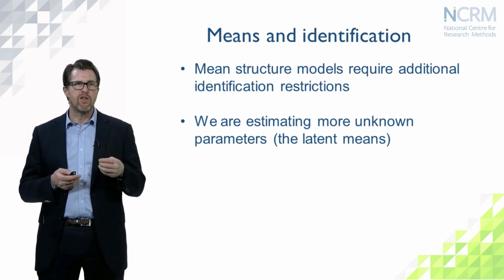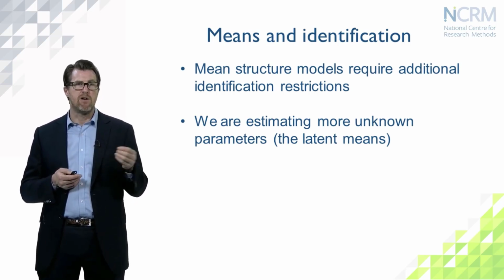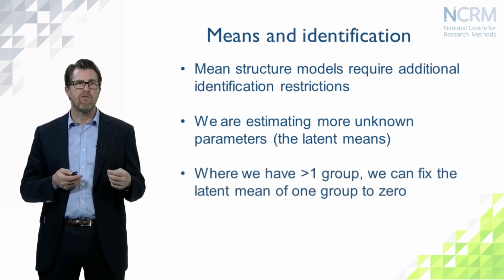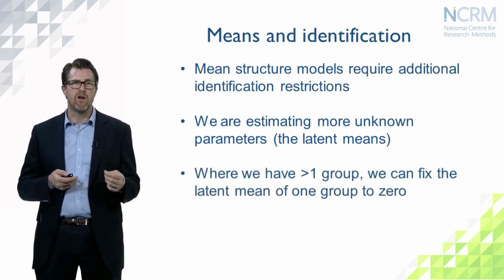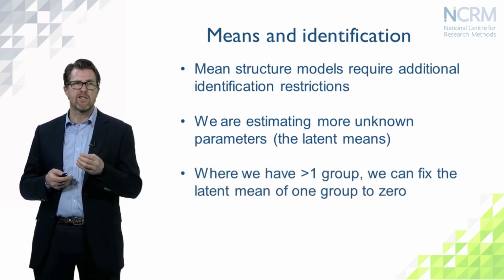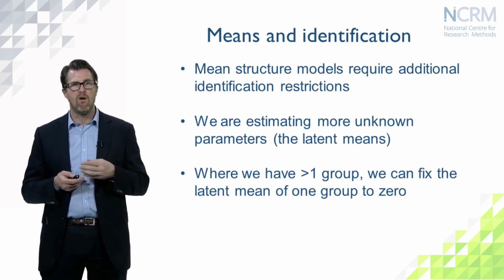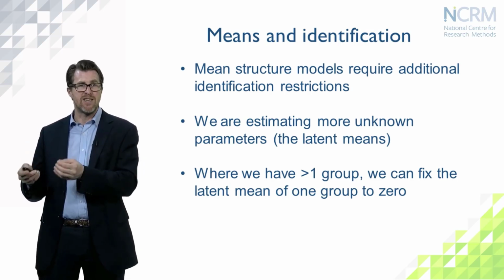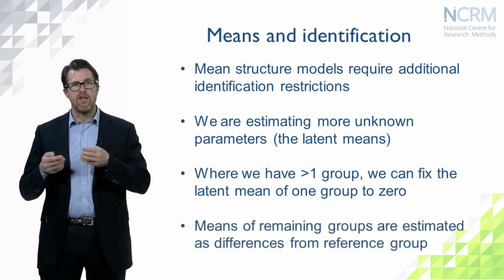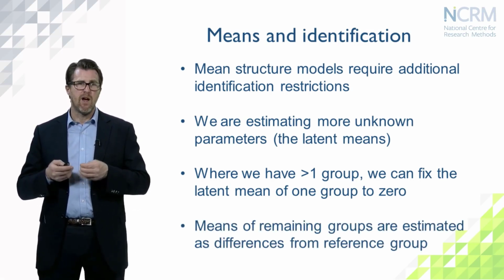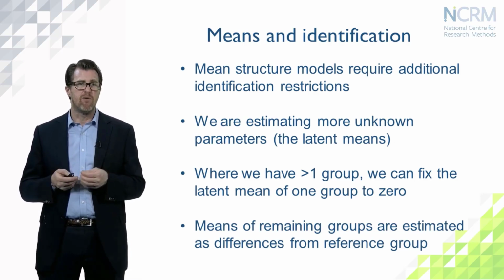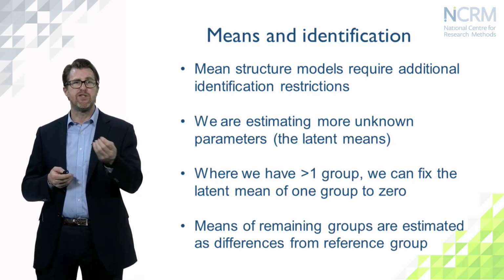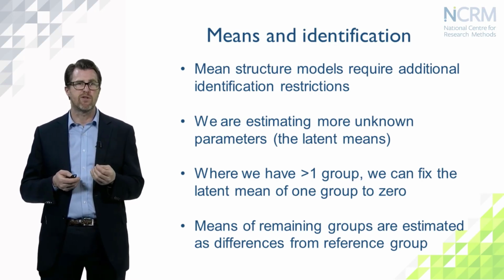The way we do this is by having multiple groups. Where we have more than one group in our sample, we can fix the mean of a latent variable in one of those groups to be 0, and then the means of the remaining groups on that latent variable are estimated as differences from the reference group.